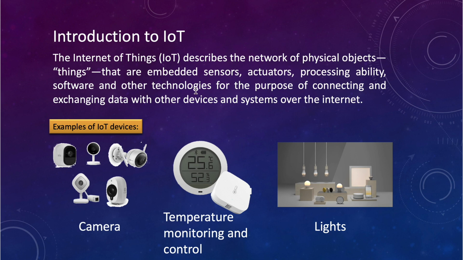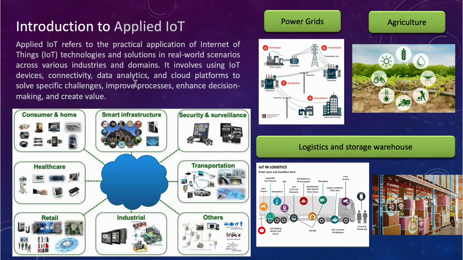That's IoT. We talked about examples of IoT. Now we can see that the application of IoT can be used to make things better. The data that is being collected can be analyzed, and that analyzed data can be used for enhanced decision making.